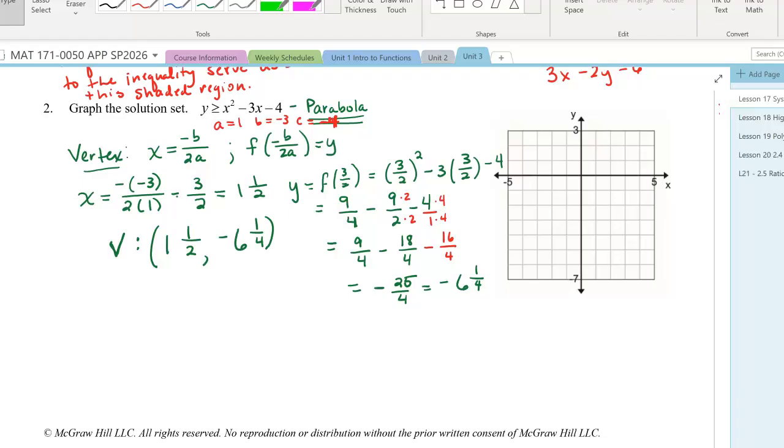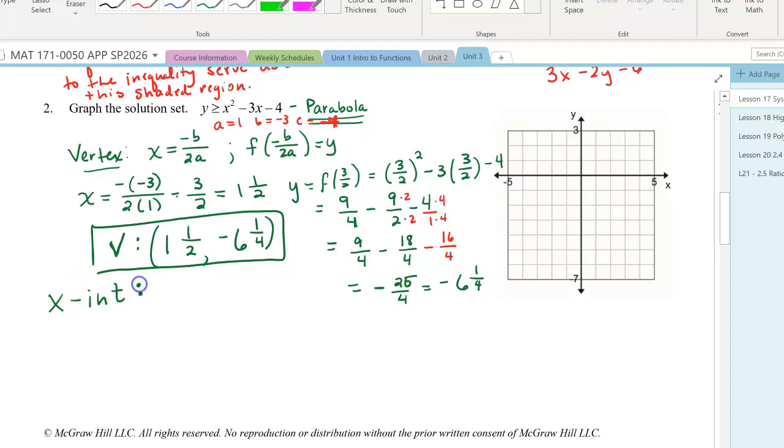So now, to find some more information, I can find the x and y intercepts. To find the x-intercept, remember, you let y equal 0. So that's going to be x squared minus 3x minus 4, and I'm going to set that equal to 0.